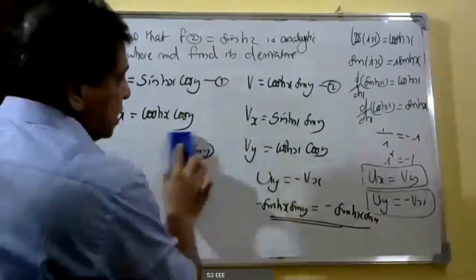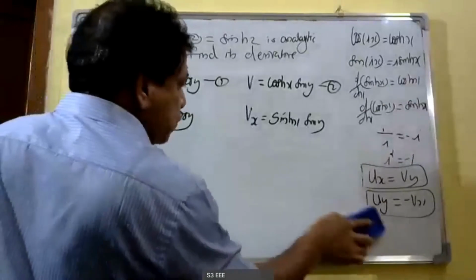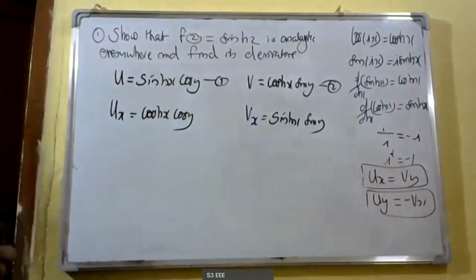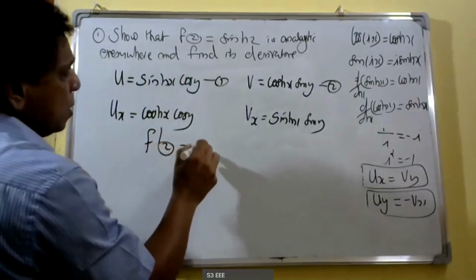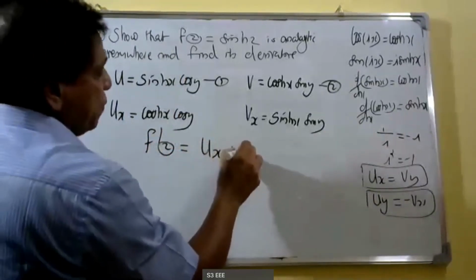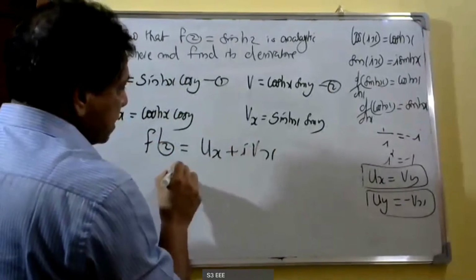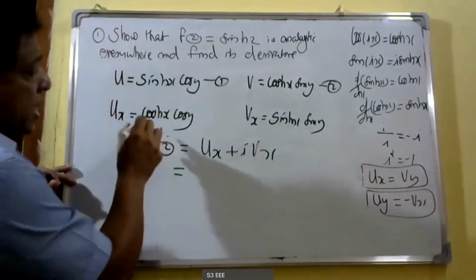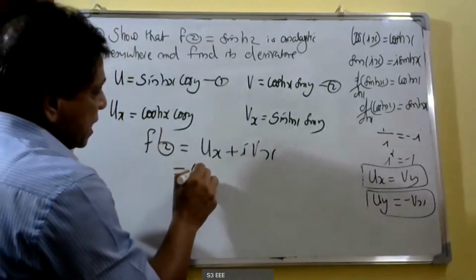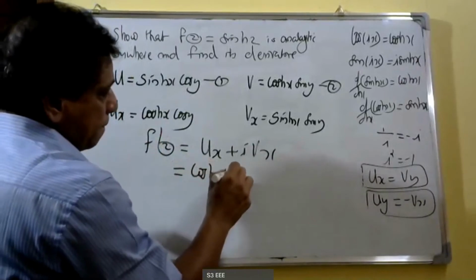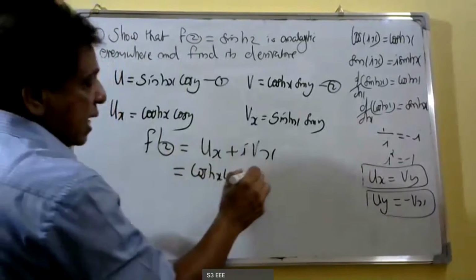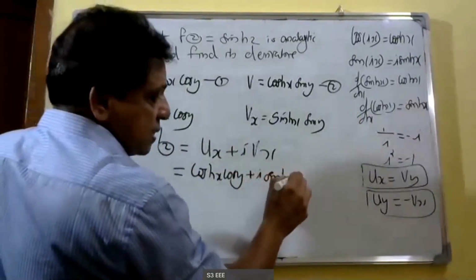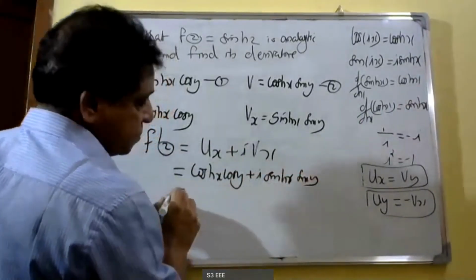To find the derivative, we use the formula f dash z is equal to ux plus i vx. Here ux is equal to cosh x cos y, vx is equal to sinh x sin y.